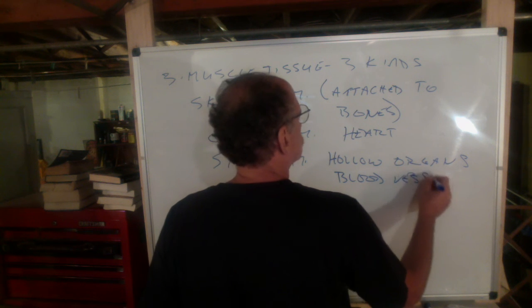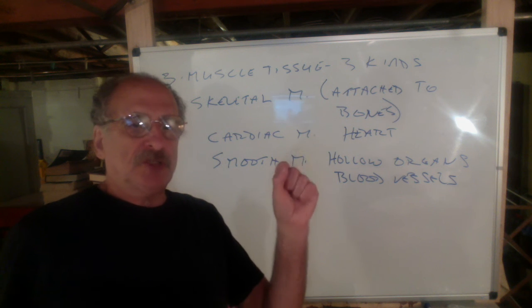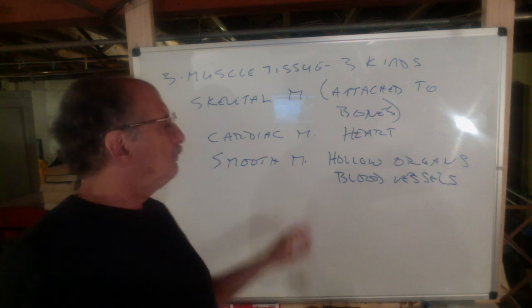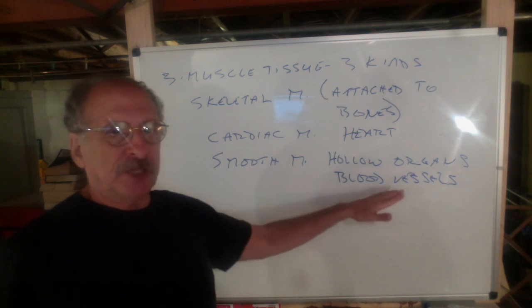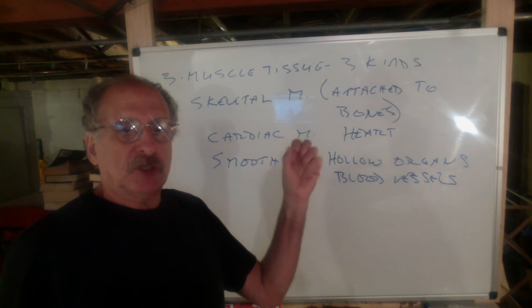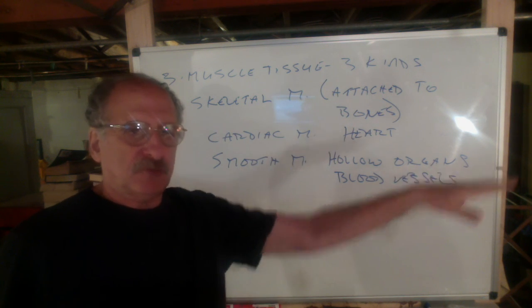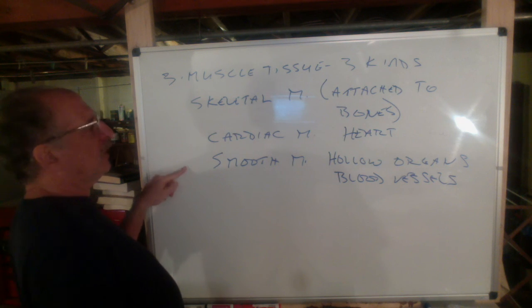And those muscles, when they shorten, they cause the organ to squeeze and push something. It's not pushing blood through your vessels. It's your heart that creates the force that pushes your blood. But your digestive organs, the organs squeeze and push food. 1, 2, 3 kinds of muscle.